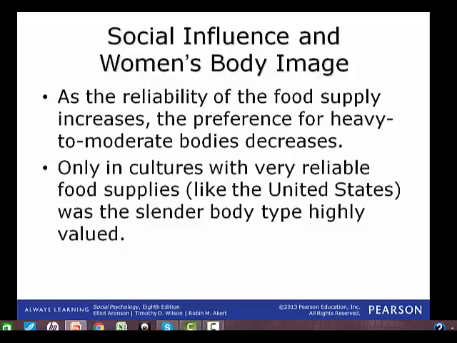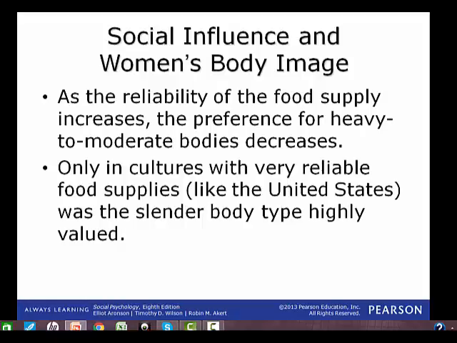But when we're talking about whatever the cultural, social norm is for attractiveness, it varies a lot from culture to culture, and it seems to have a lot to do with the food supply. It says, as the reliability of the food supply increases, the preference for heavy to moderate body sizes decreases.